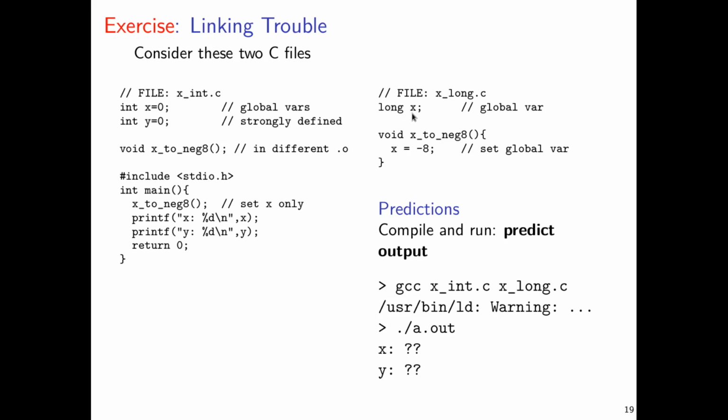In terms of these two C files on their own, nothing seems amiss. Over here in xlong.c, I have a long version of x. I will issue some instructions in assembly that will change that x from whatever its current value is to -8. Over here in xint.c, I have a different definition for what x is, in that it's an integer instead.